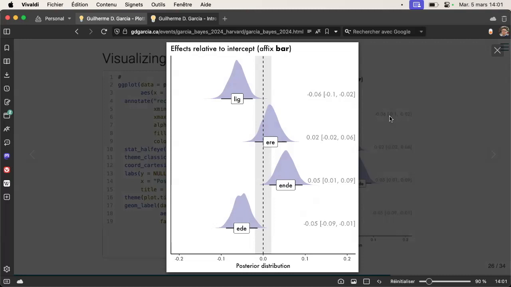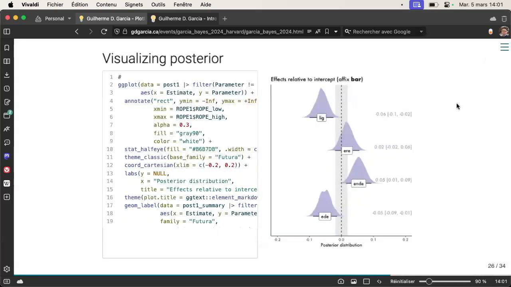Of course, that's not the situation we have here. Maybe 50% of the area is within the ROPE, but we already know that 0 is a quite possible value, so we wouldn't conclude that this is statistically credible.